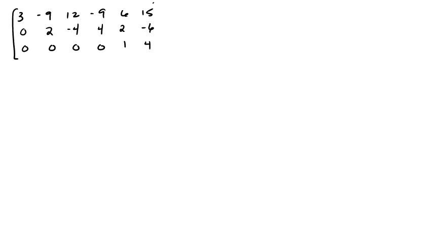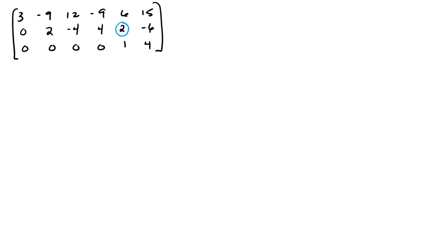Okay, now looking at my rightmost pivot, that is 1, which is great. So there's really not a lot I can do. What I'm going to try to do, however, is make this a 0.